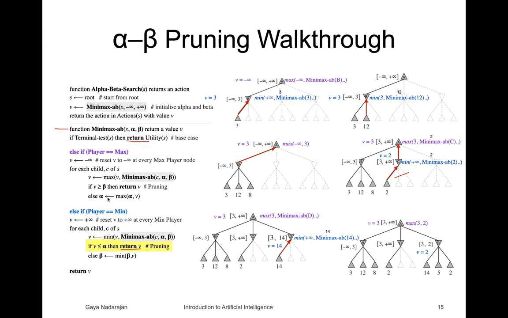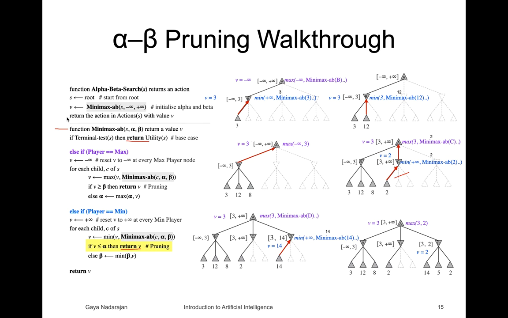It's not. Alpha is going to be the max between alpha and V, so it's done. And then it returns V, okay? So at the moment, V is 3. When it's done with all its children, it goes down to the return statement and it returns V. So V here is just 3, and when you pass 3 back to the highest level where it's called, V has the value 3 now, and then it's basically going to return the action.